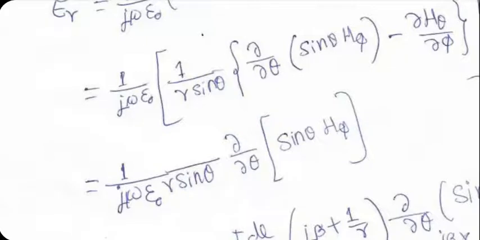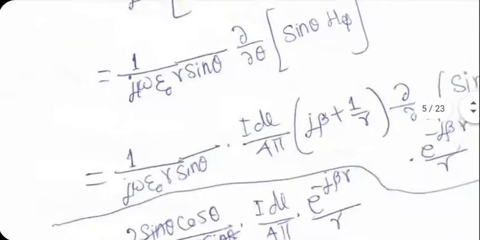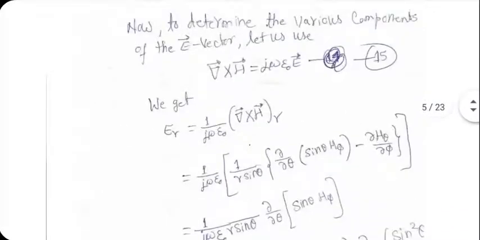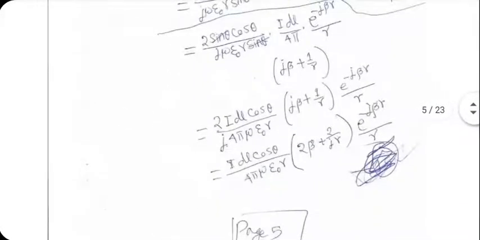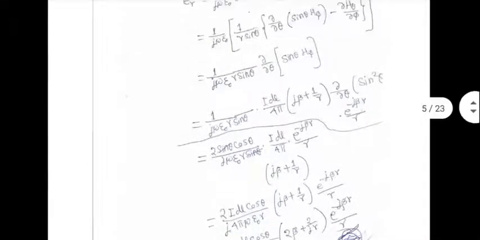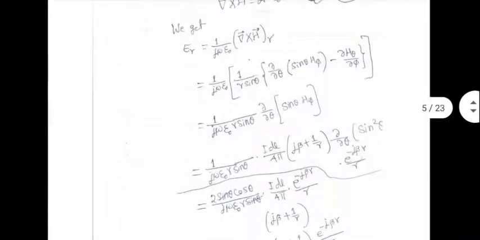And a bit of mathematics is involved here. We get a fairly complicated equation for Er. Go through this derivation carefully later also. The equation for Er, by the way, nobody can remember these formulas. It is impossible, but they are there for you to look at.